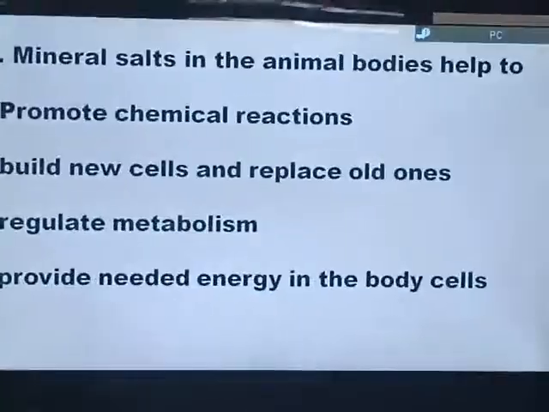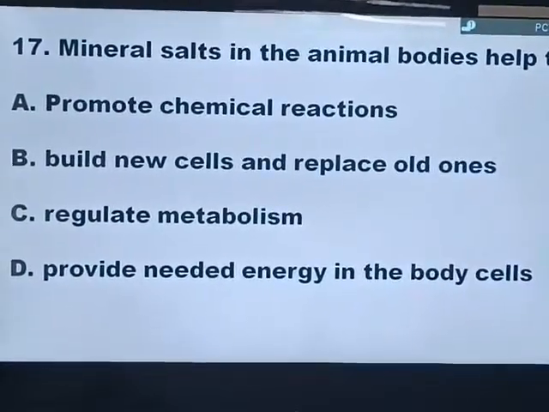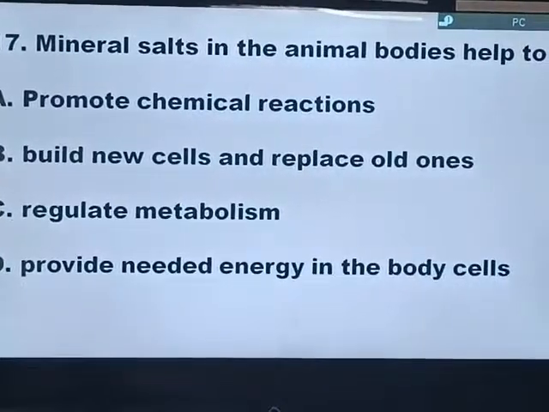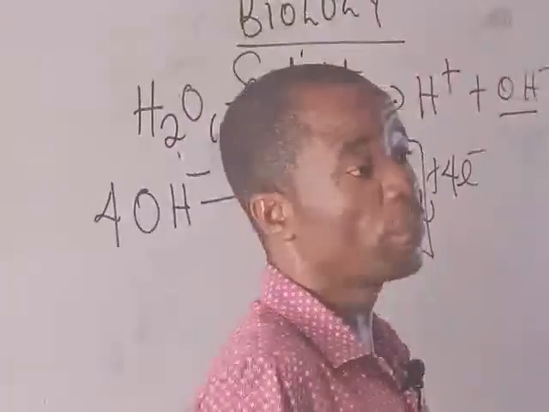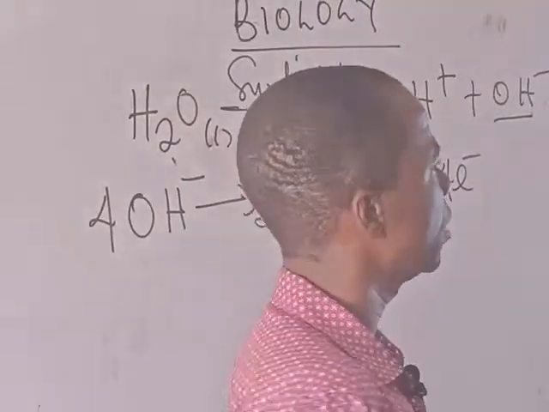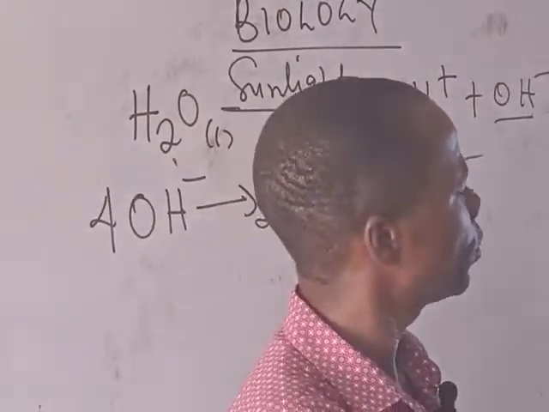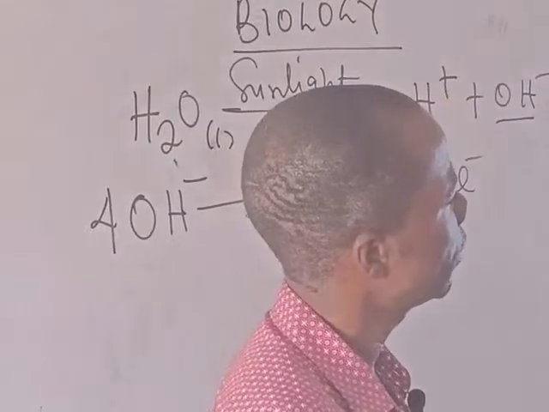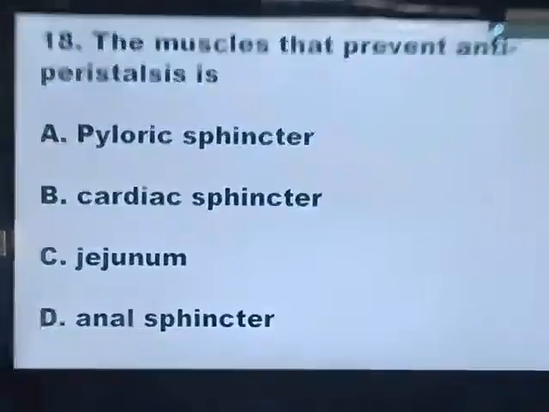It is protein that actually helps to build new cells and to replace old or worn out ones. And if you look at option D, provide needed energy in the body cells, that will be the function of either carbohydrate, an energy giving food, or even fat and oil, because fat and oil actually provide more energy per kilogram than carbohydrate. So the correct answer for number 17 will be option A. Number 18 now. The muscles that prevent antiperistalsis is dash.